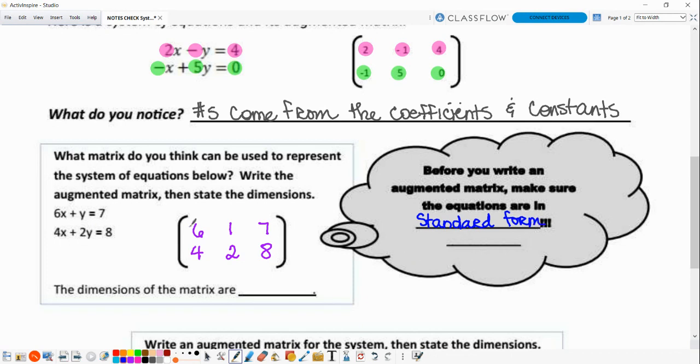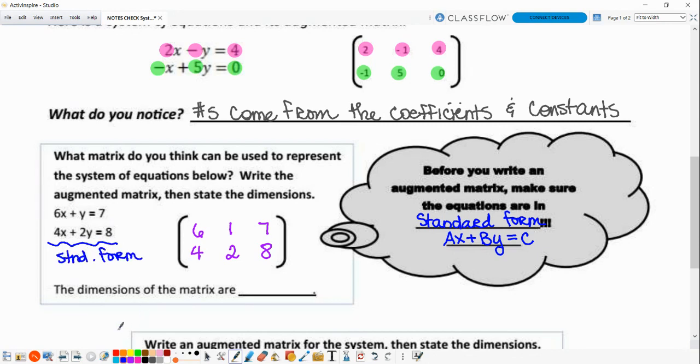Okay. What I've given you so far is in standard form. Standard form is ax, so your x term comes first, plus by, so your y term comes next, and then equals c, and c is the constant, the one that does not have a variable. So a, b, and c are numbers, x and y are your variables.